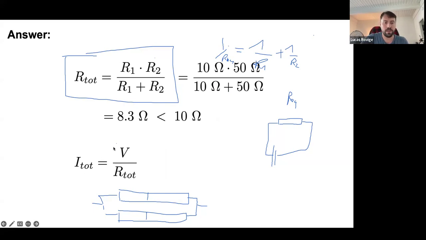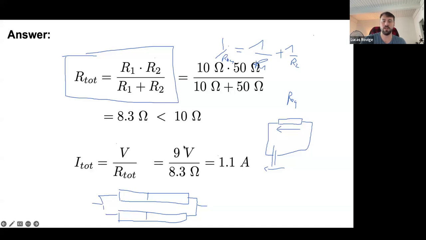Okay. And then when I retrieve the total current, it's just using Ohm's law, it's the potential V at the edges of the equivalent resistance, and we see they're just connected to the battery, and so they are equal, and it gives you that V is the battery potential divided by the equivalent resistance to get the overall current.